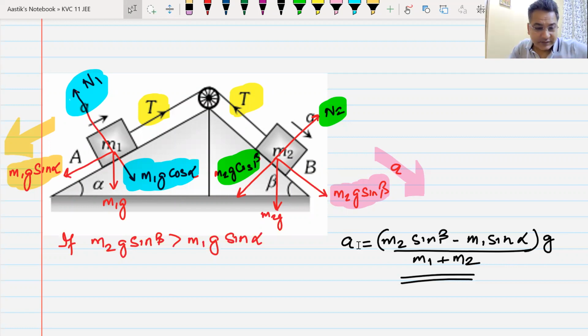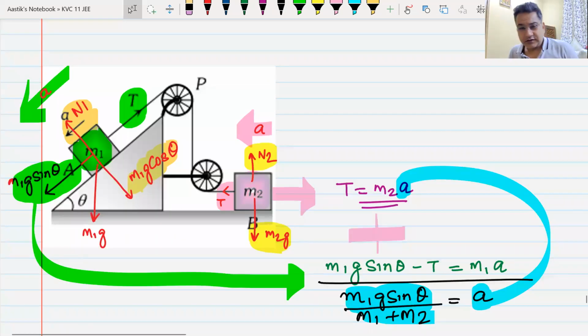This was again an example of wedge constraint. The M1 block can only move down. There is no force on the other side. The M2 block can only move towards right or left, whatever you call it. All these are examples of plane constraint or wedge constraint.